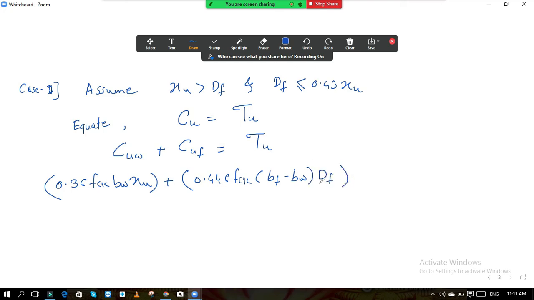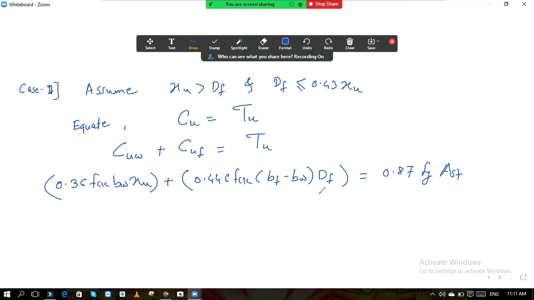Since case number 2 is there, it is df. If case number 3 is there, then instead of df you should write yf. So df in case number 2, which is equal to 0.87 fy Ast.